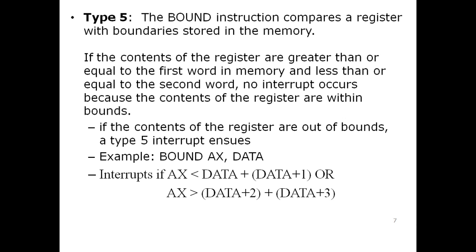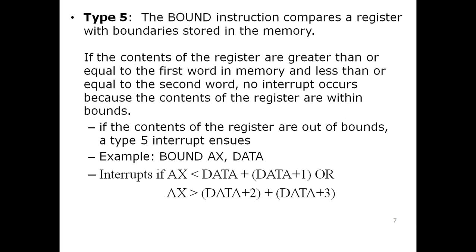If the contents of the register used with the BOUND instruction are greater than or equal to the first word in memory and less than or equal to the second word, no interrupt occurs, because the value stored in the register is within the bounds or within the limits. If the contents of the register are out of bounds, a type 5 interrupt occurs. For example, BOUND AX, data.